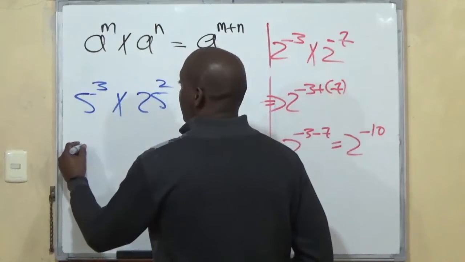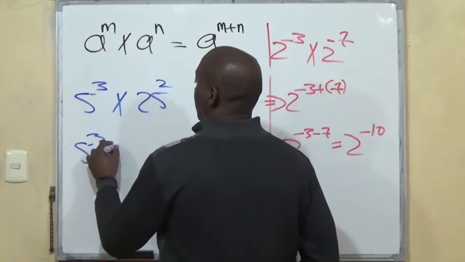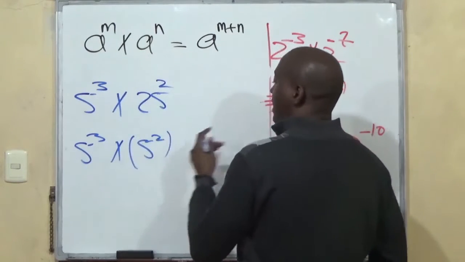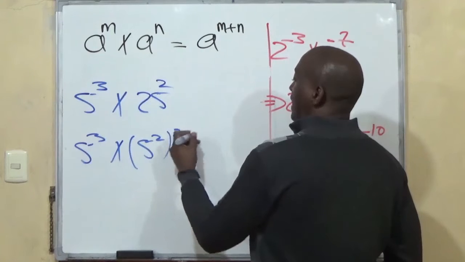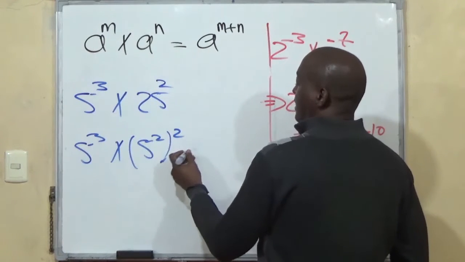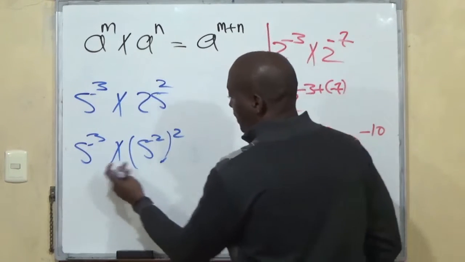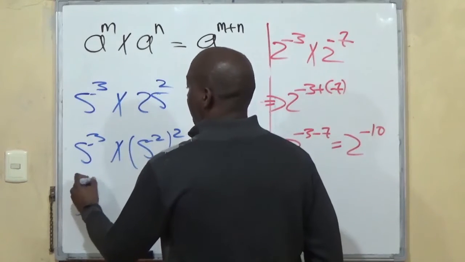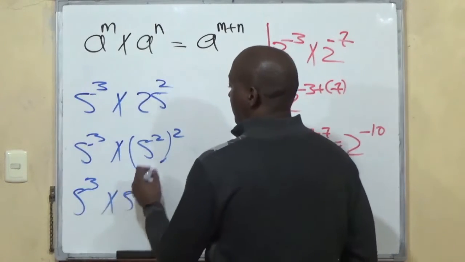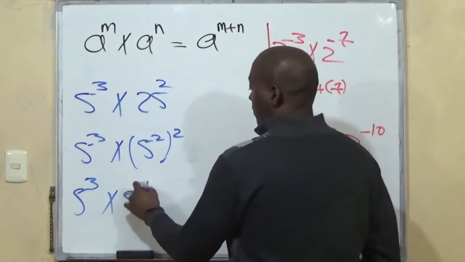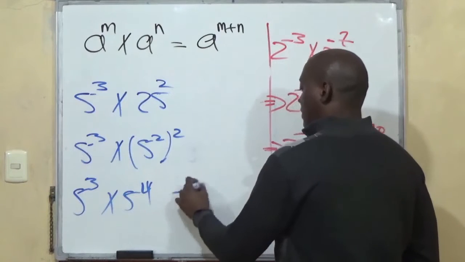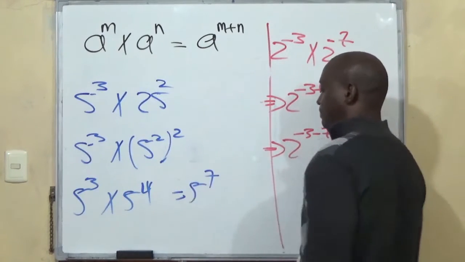So in this case, we could say that 5 cubed is 5 cubed, and then 25 is 5 squared in brackets. And then you're there. Now that the bases are the same, you could proceed. You'll have 5 cubed multiplied by 5 to the power of 4. We'll come to that in another rule not too long from now. 3 plus 4 is 7.